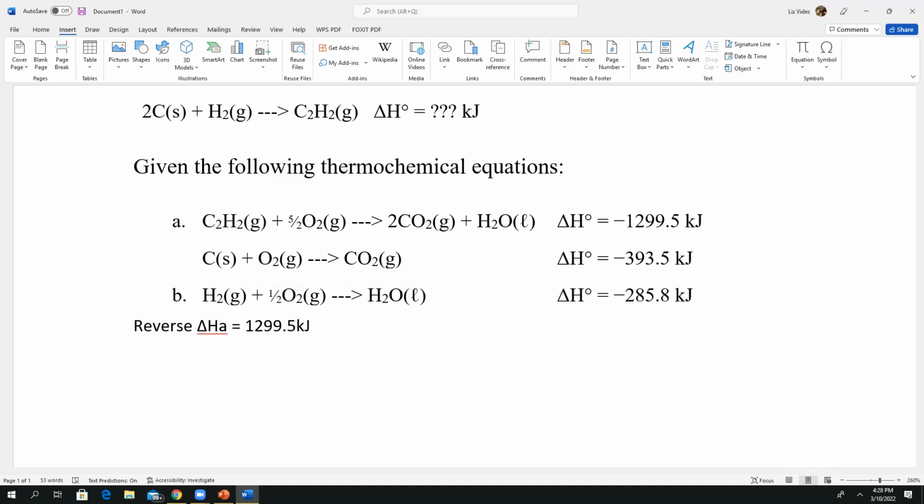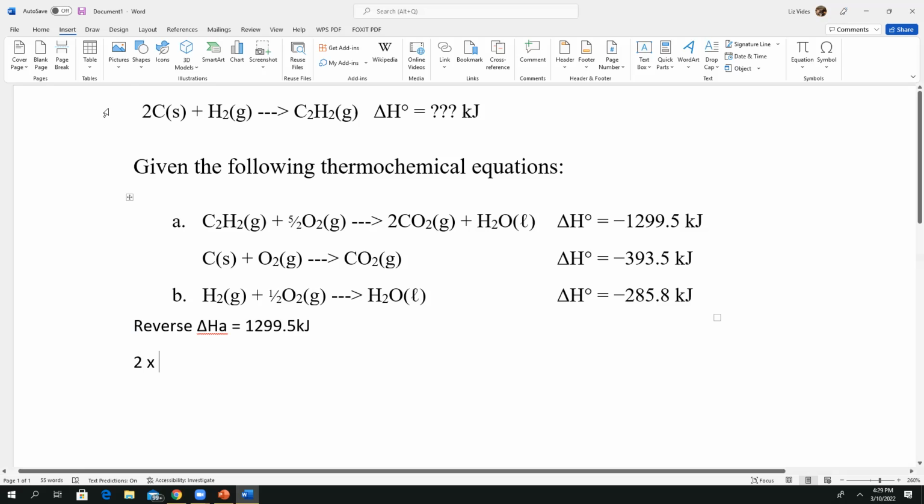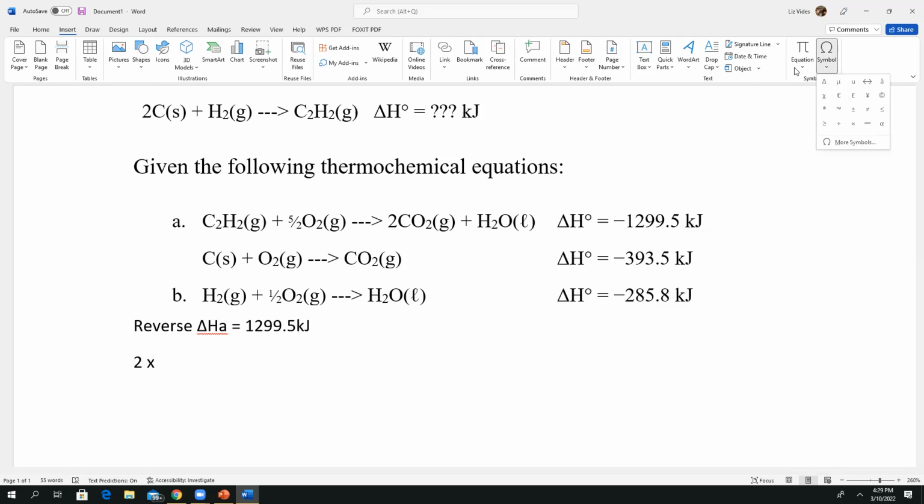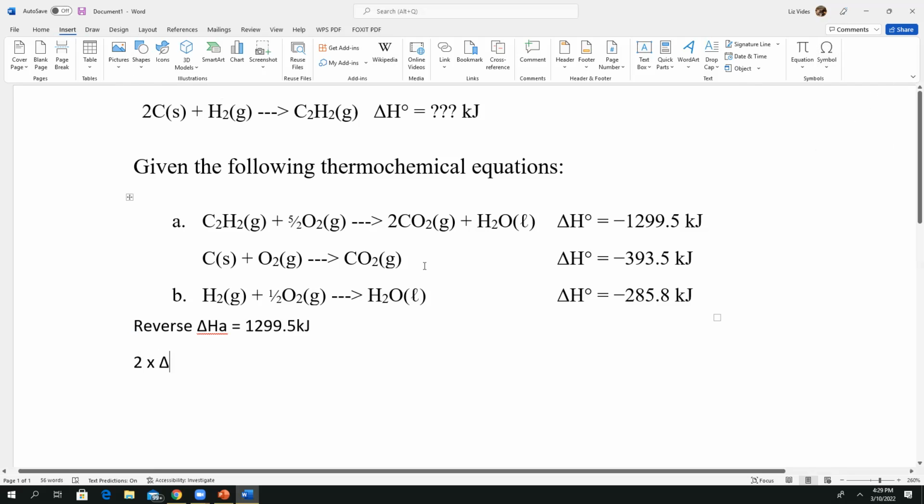All right, what did we do to the second one? Did we do anything to the second one? Okay, so we're going to say 2 times delta, and I need a delta in here. So insert symbol, delta, there it is.